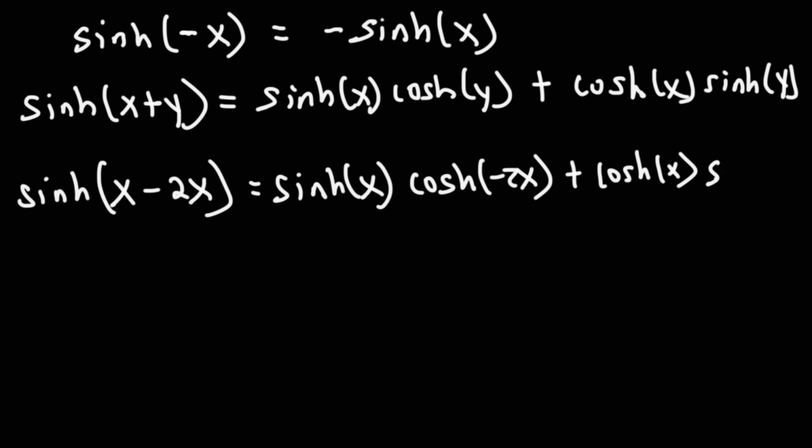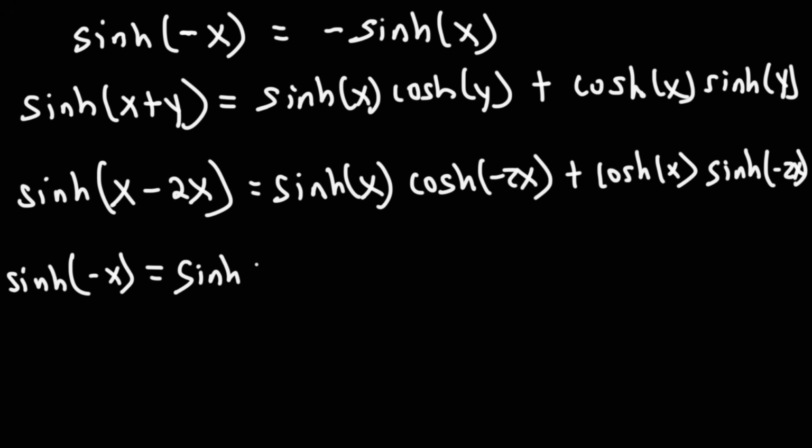So this is going to be hyperbolic sine of negative 2x. So x minus 2x is negative x. We're going to keep hyperbolic sine of x.